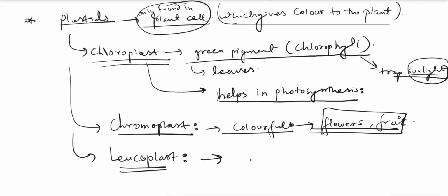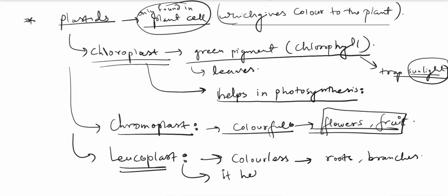The leucoplast is the third type of plastid, which is usually colorless. It is basically found in roots and branches, and its major function is the storage of food.